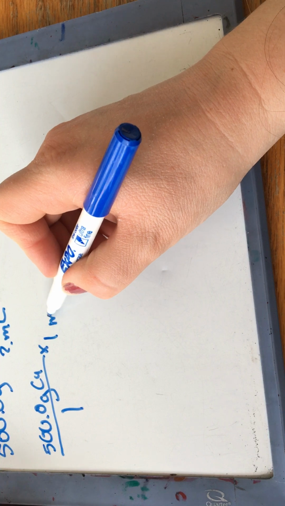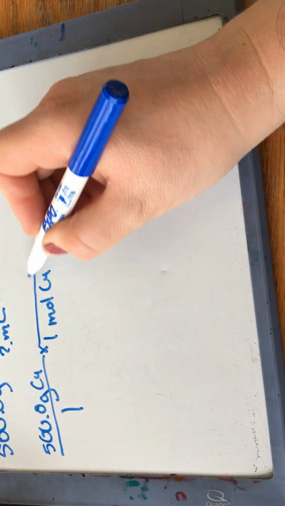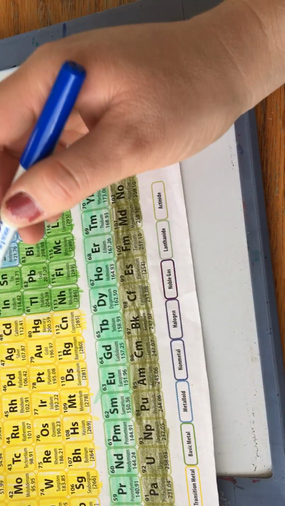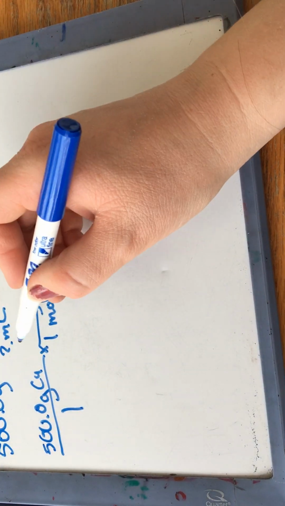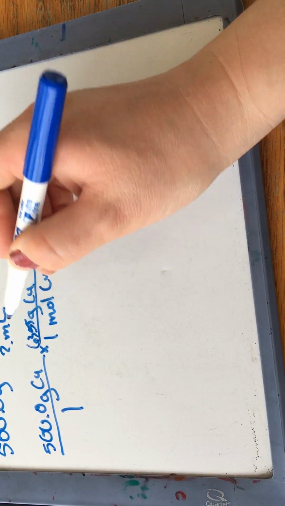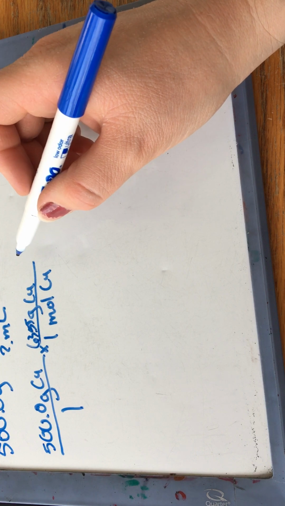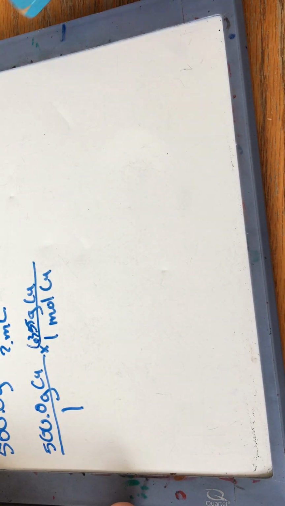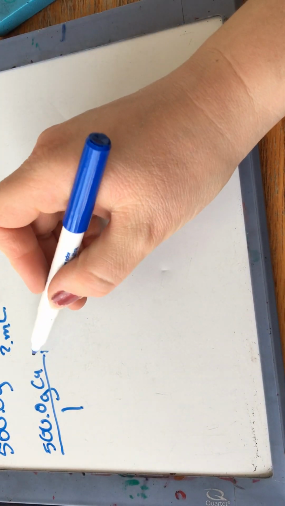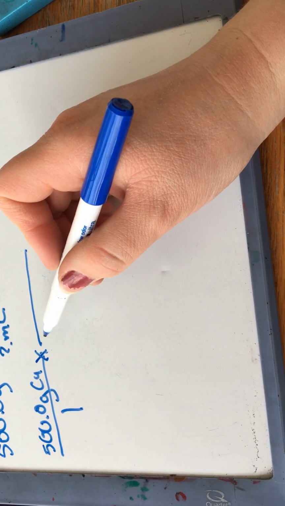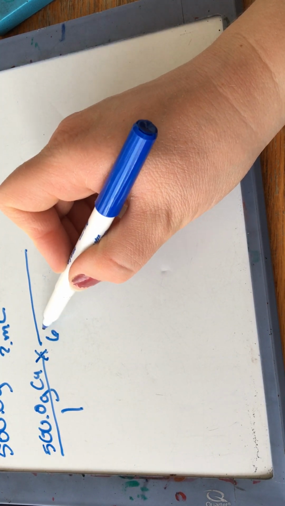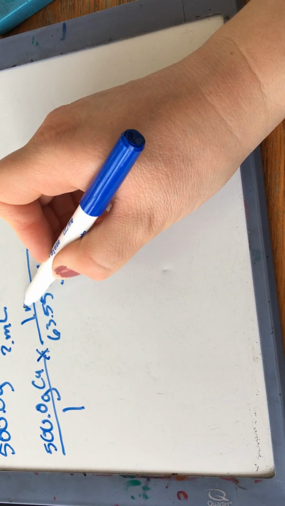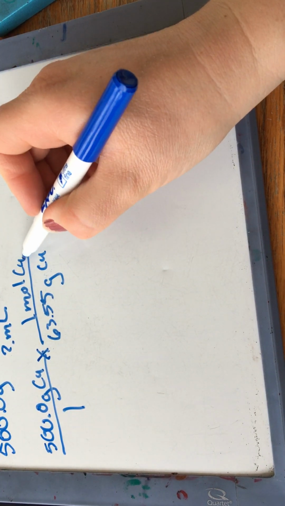1 mole of copper is how many grams of copper? There it is, 63.55. So we said that was 63.55 grams copper for 1 mole of copper.